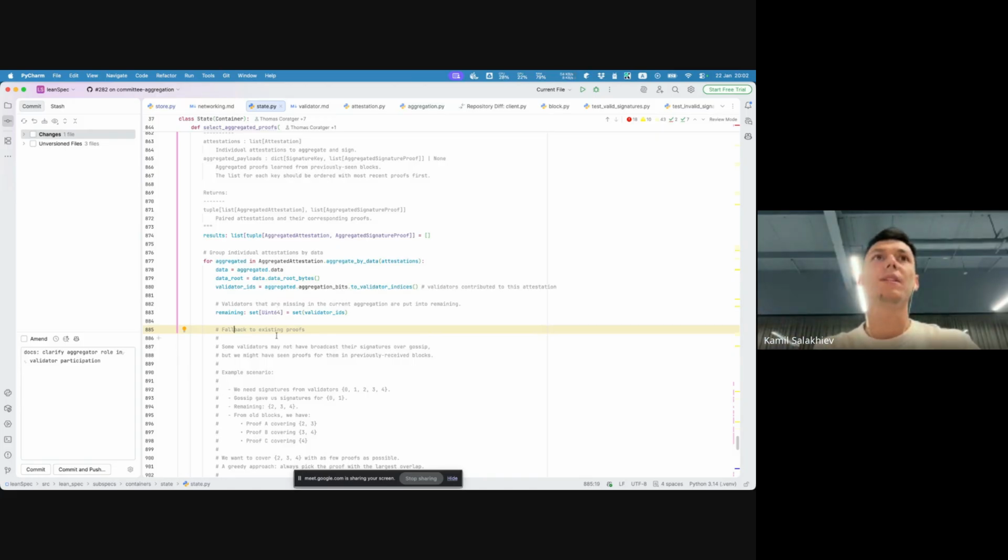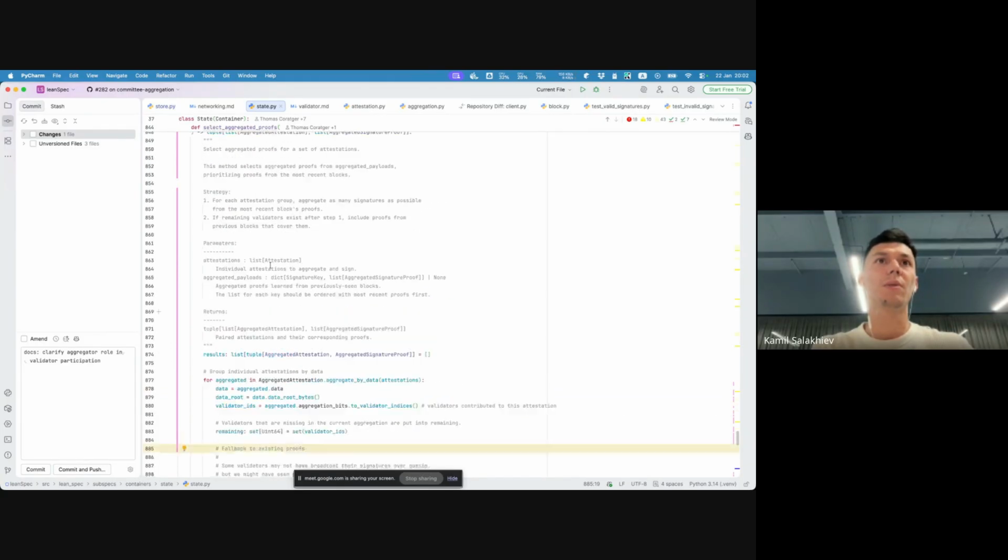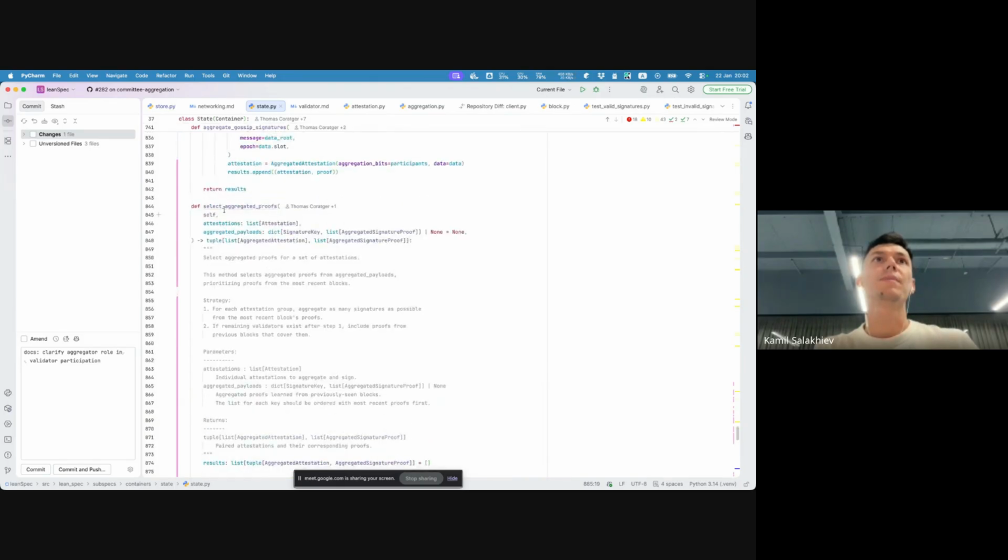So we might have proofs from previous slots in the current block just to cover as many validators as possible. We also keep that logic here. I just renamed it from compute aggregated proofs to select aggregated proof, because the compute actually happens by aggregators, not by the proposer here.